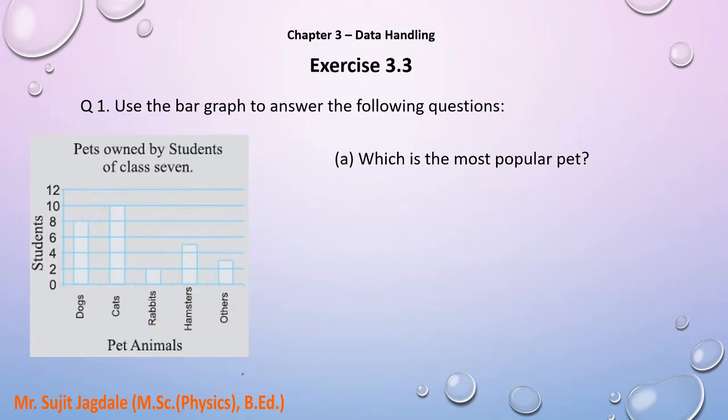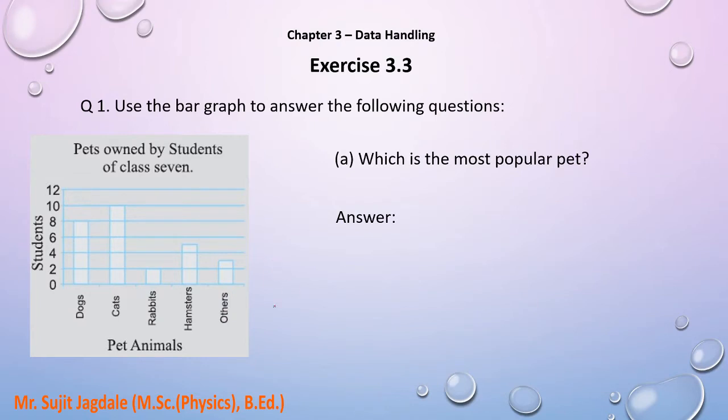In order to find the answer for this first question, we have to observe all the bars. That means you have to observe all the buildings and find out which one is the highest, which one is the tallest, whose height is maximum. Then it is said to be the popular pet.